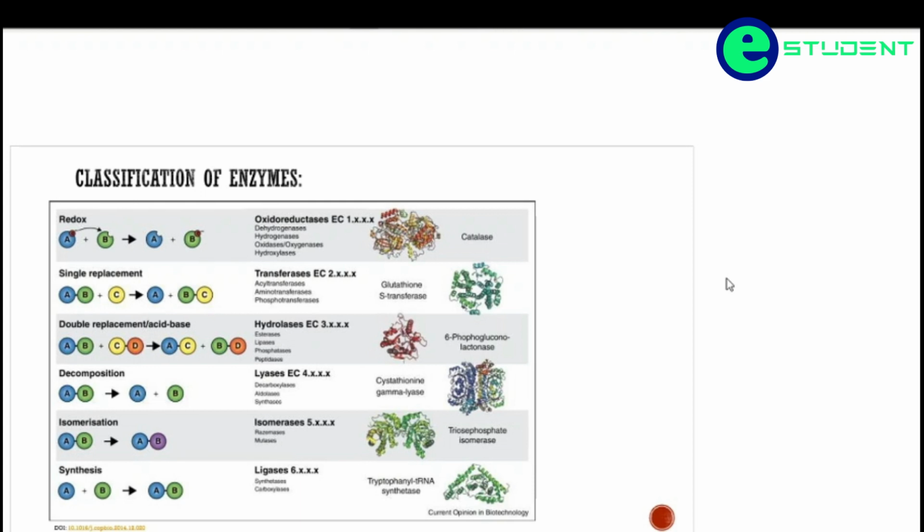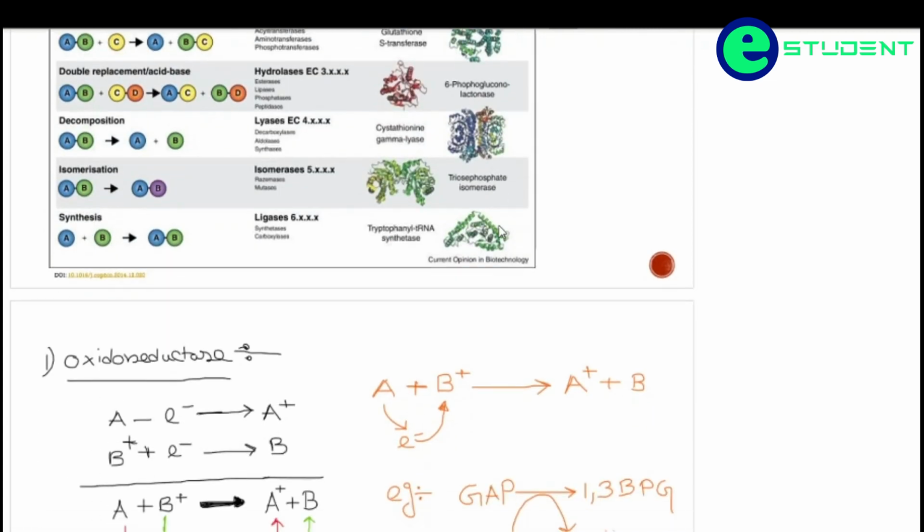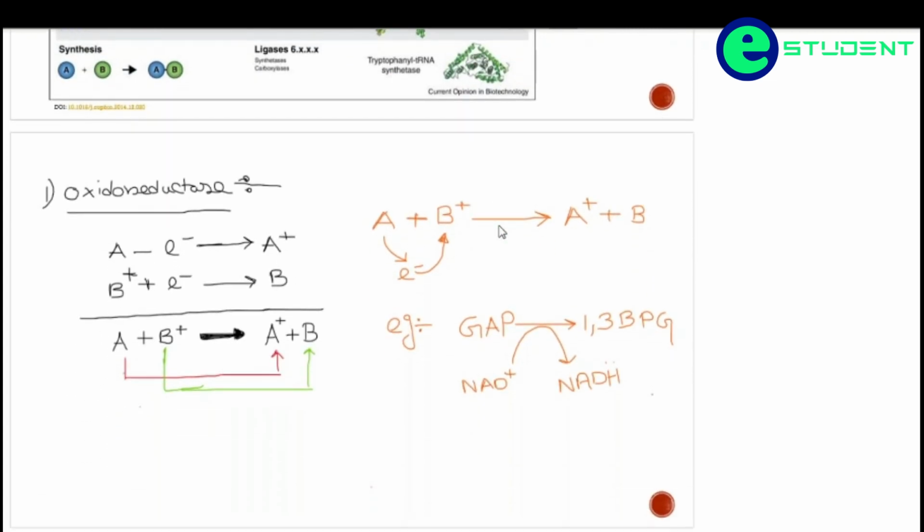The first one is oxidoreductase. In this type, the transfer of electrons takes place from a donor to an acceptor. If I come to the details of the mechanism by which the enzyme catalyzes the reaction, you can see here A and B plus.